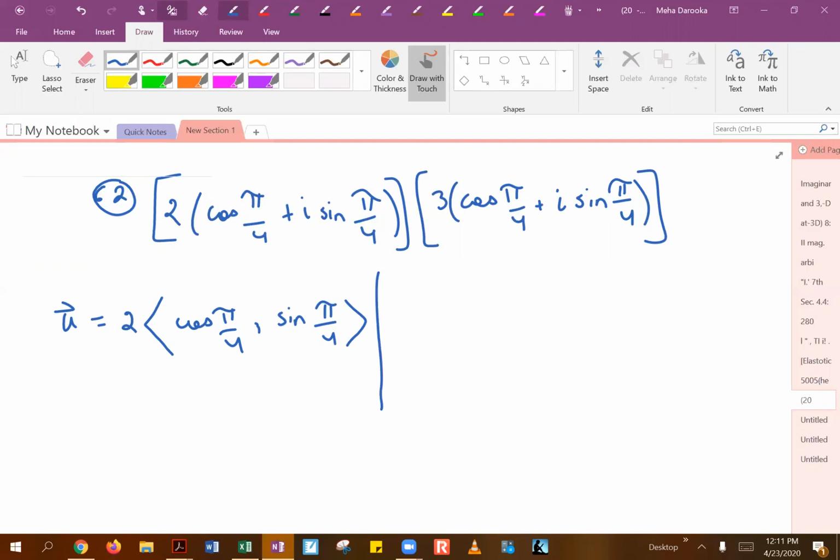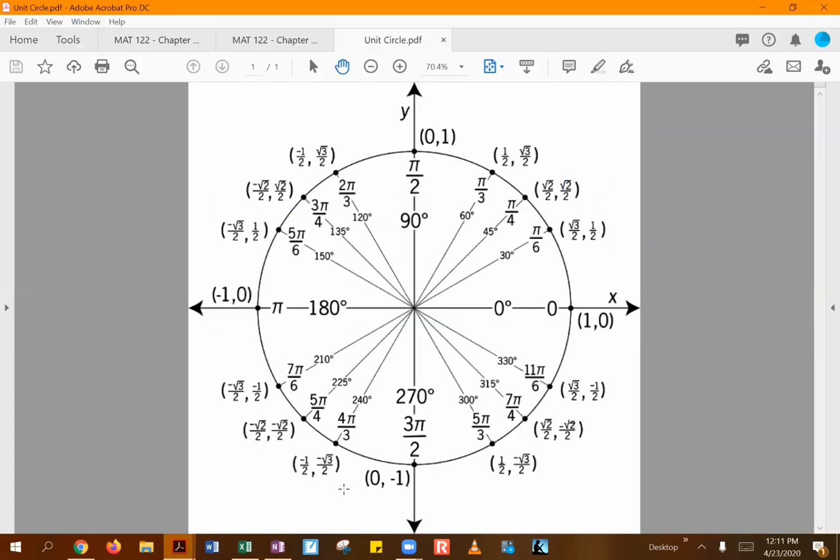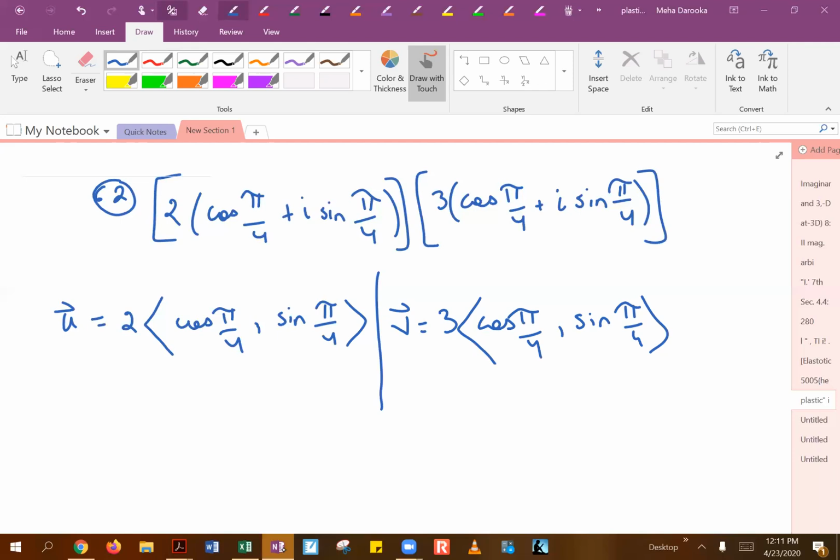In that same way, we can write vector u, which would be 3 on the outside, and cosine of pi over 4, sine of pi over 4. So what is cosine and sine of pi over 4? Root 2 over 2. Yeah, and it's going to be the same for both cosine and sine.